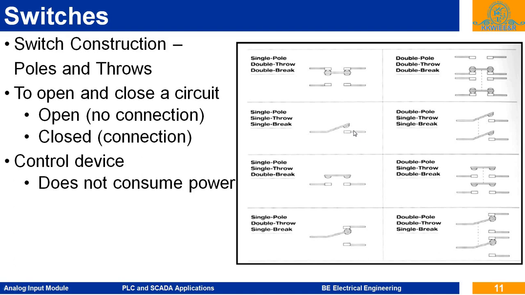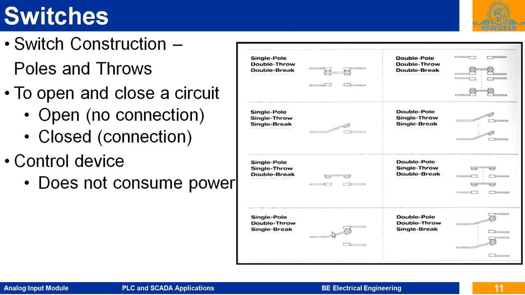Only one operation, make and break. Here in single throw, only one set of poles is there, so it will close or open. Again here, double throw, there are two sets of poles.